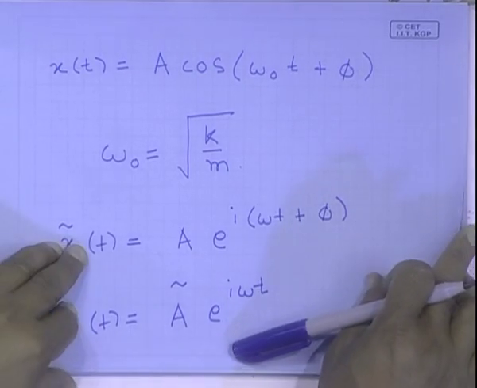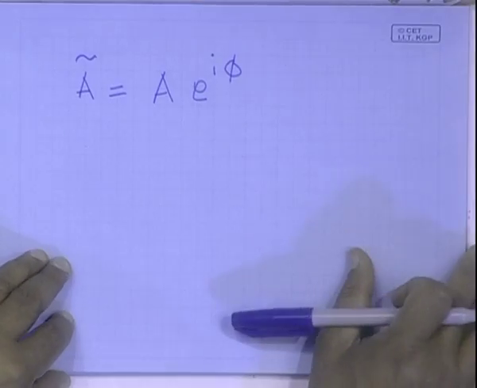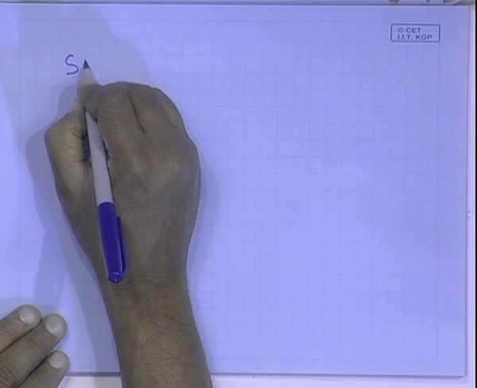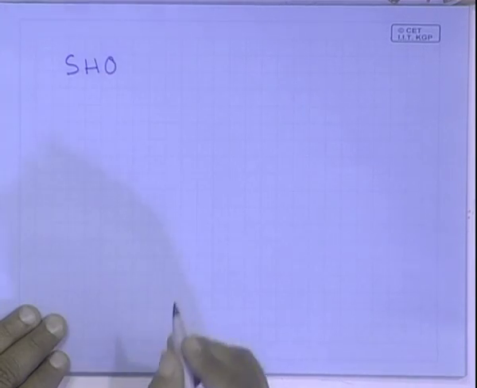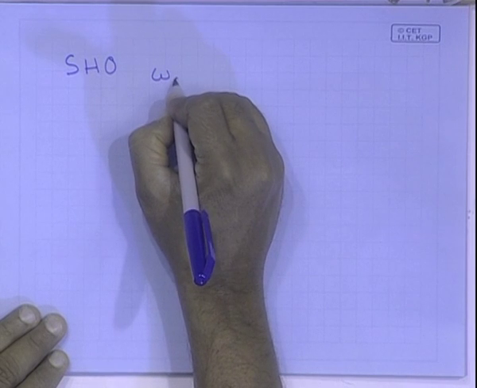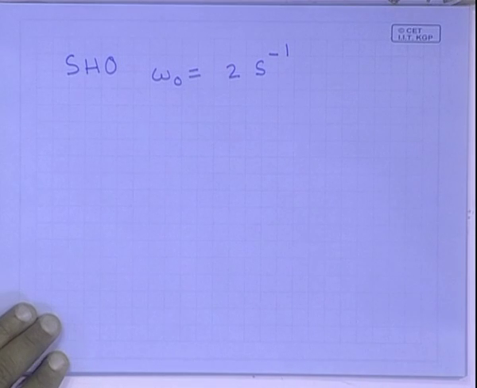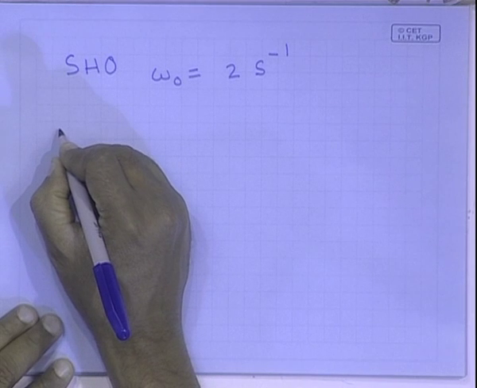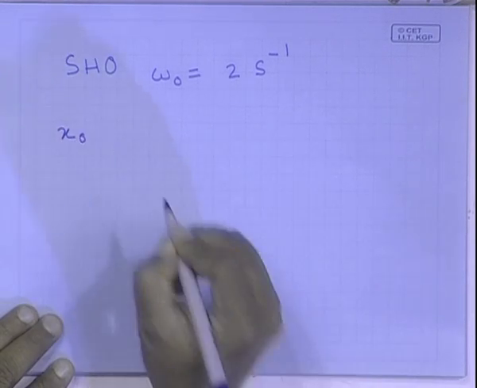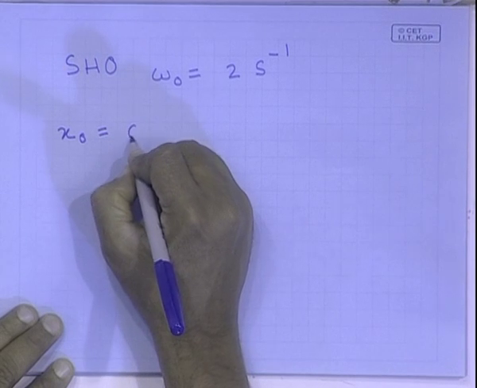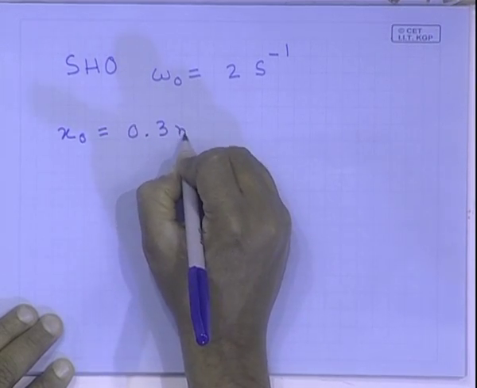Let us now consider a simple example where we shall apply the complex notation. So, we consider a simple harmonic oscillator with omega naught equal to 2 second inverse, and we are given the information that the oscillator has an initial displacement of 0.3 meters.